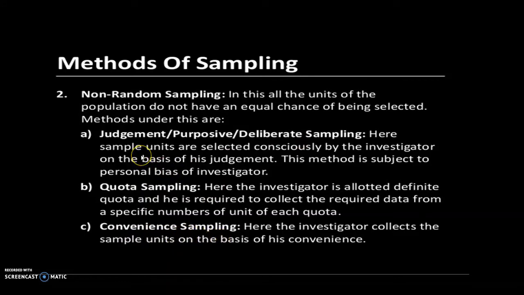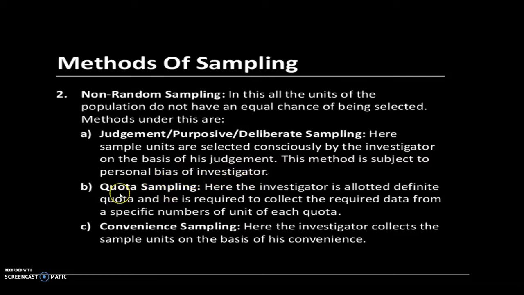So the first one is judgment or purposive or deliberate sampling. In this method, the sample units are selected consciously by the investigator on the basis of his judgment. This method is subject to personal bias of the investigator, personal errors, and personal misunderstandings of the investigator.